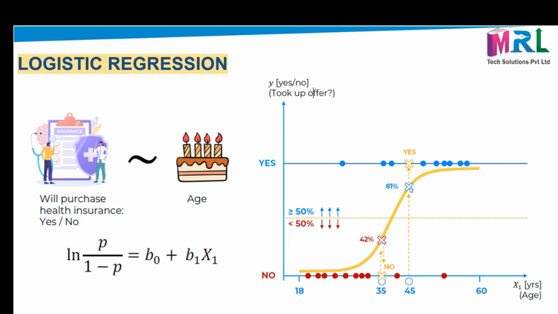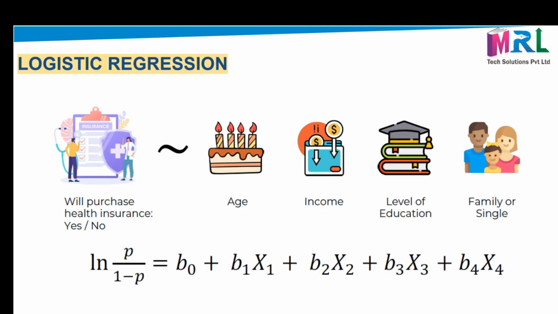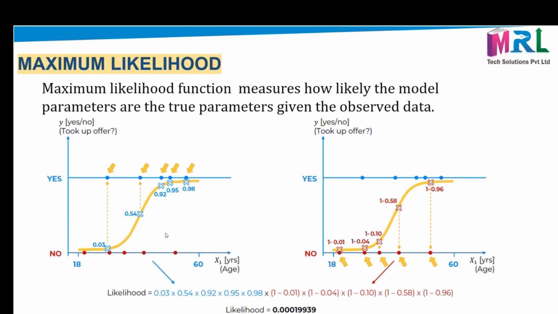When the percentage is above 50%, we will mark them as yes, you will purchase the insurance. Based on this threshold value only, we are classifying the person as either you will purchase the loan or not. So keep that in mind. Based on that only, this graph will be there.